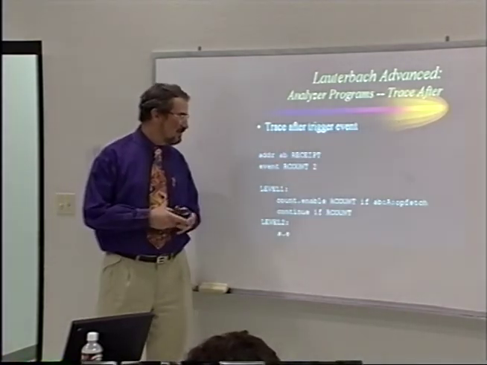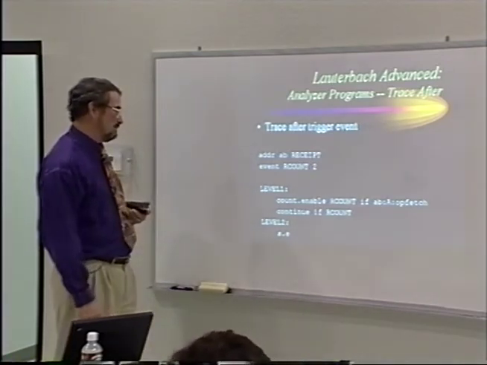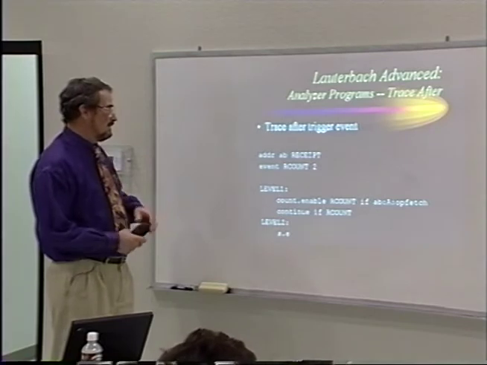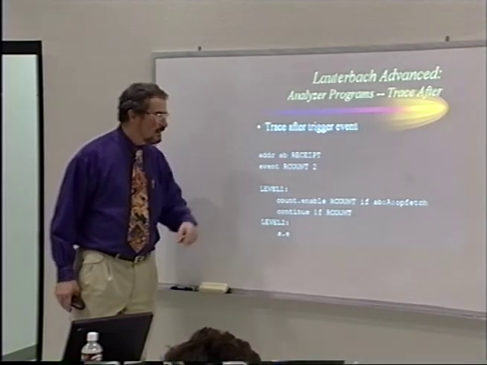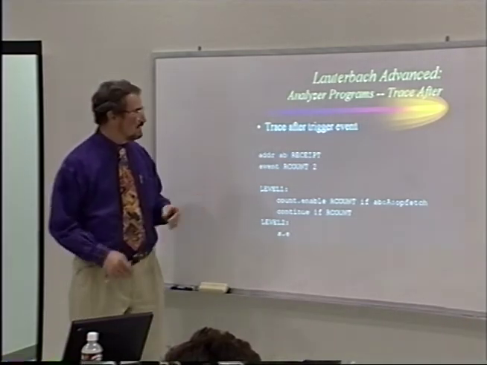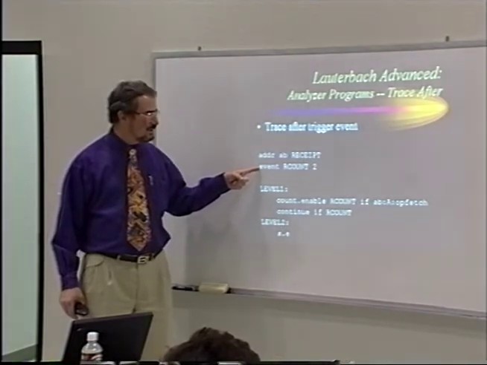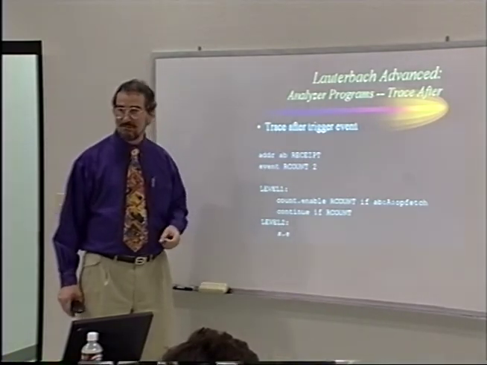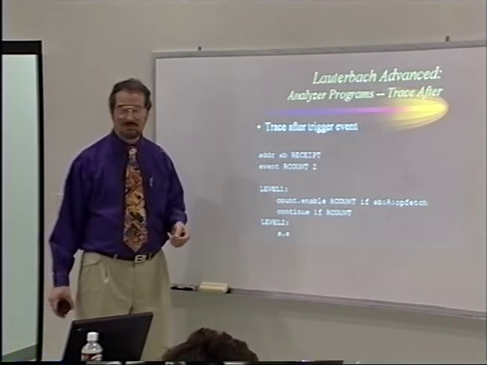Okay, let's try a trigger event. Let's see if we can understand something trickier. We're going to set up an address at the routine called receipt. We're going to set up a counter that is false until we get to 2, and then it becomes true.